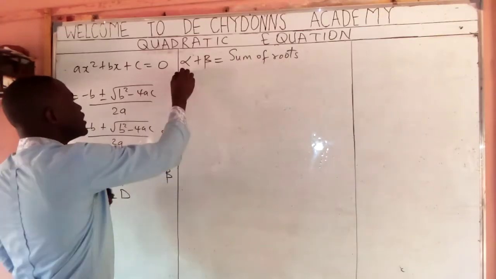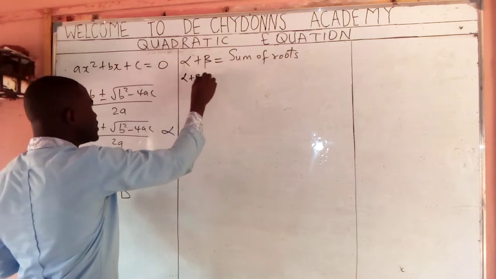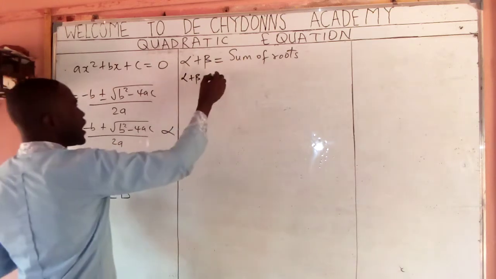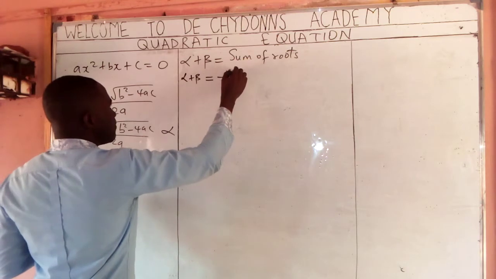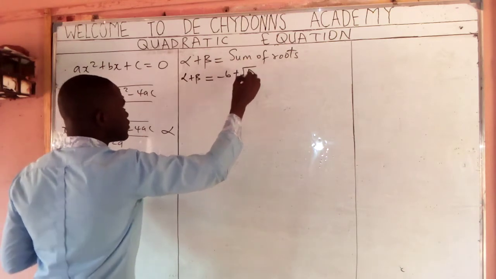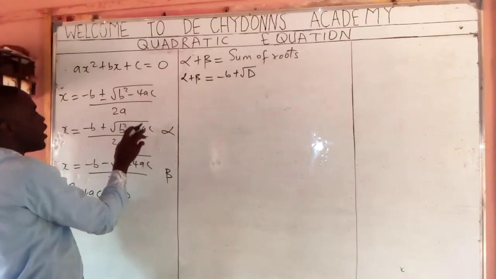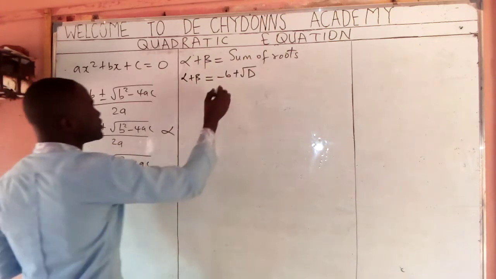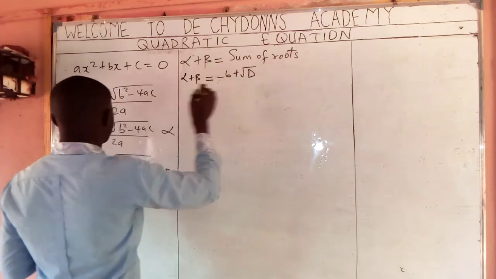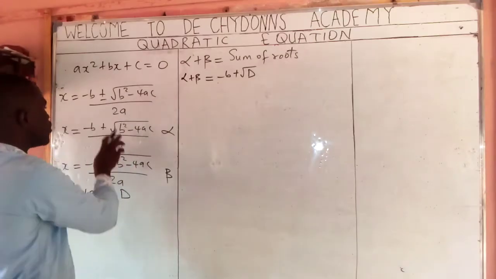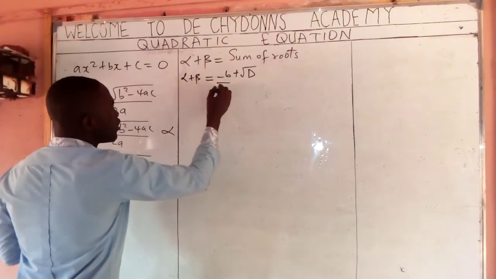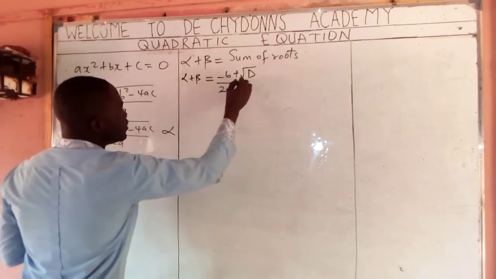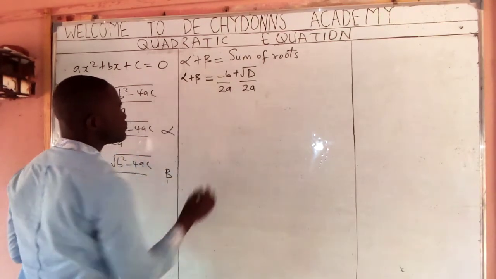That means that alpha plus beta is equal to minus b plus root D, where b square minus 4ac is called D, we said it is called the discriminant, all over 2a. And all over 2a means that this is over 2a, this is over 2a.